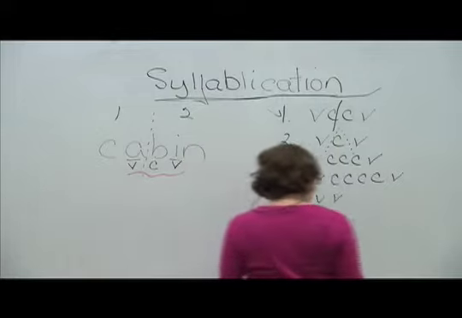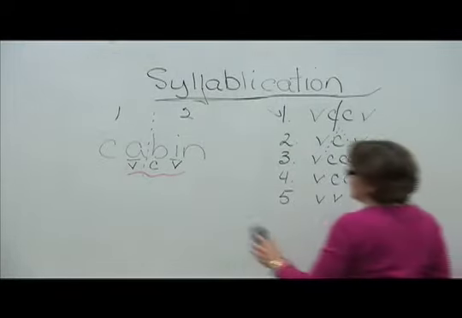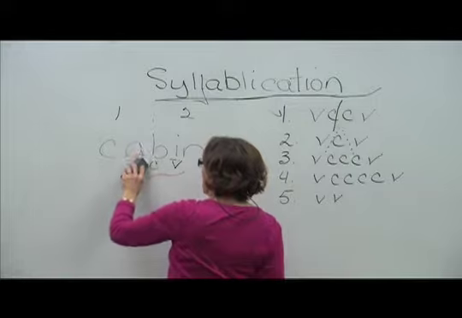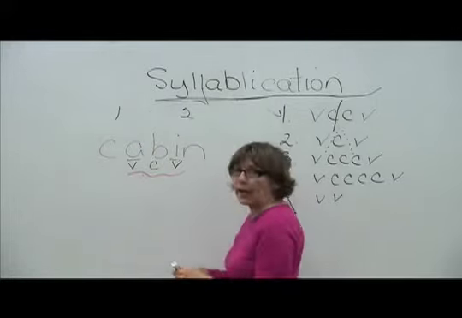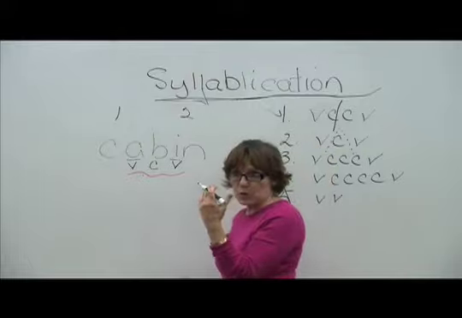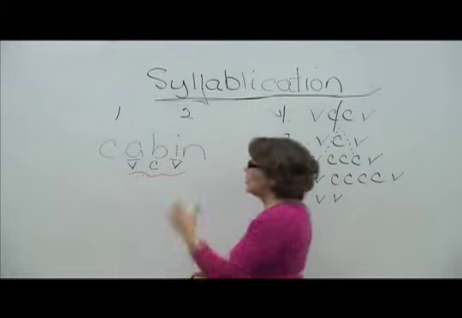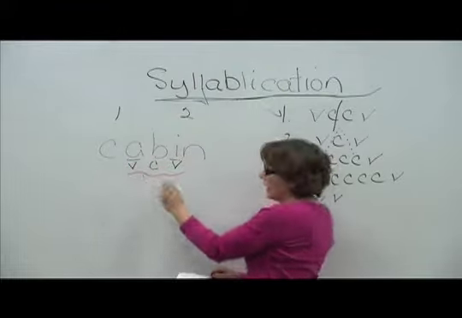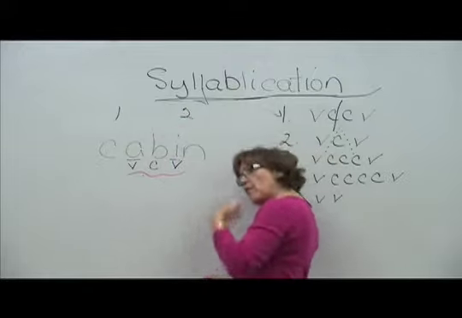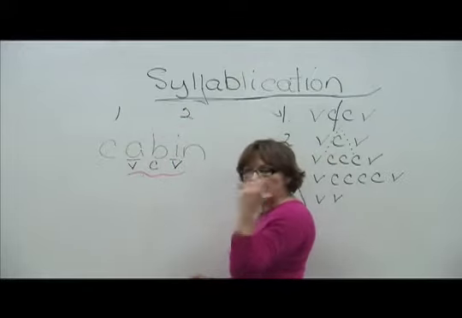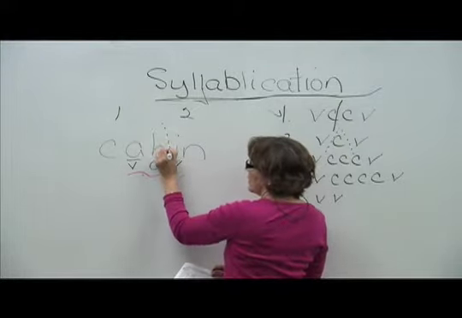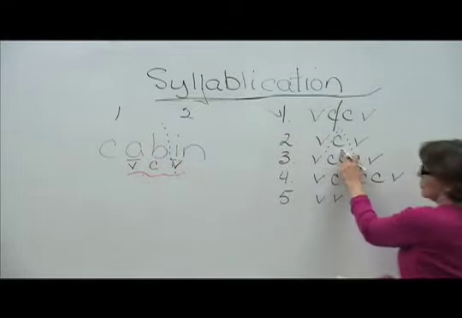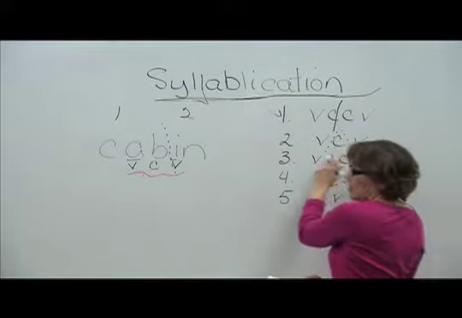So I'm going to get rid of this dotted line, and I'm going to try the second way. And a lot of times in our language, you have to do that. We do it visually. When I start to work with adults, we do it paper pencil and even color coding it. Once that gets embedded, you simply do it visually, or it's brain-based. So let's take a look at the second way that you can divide, the second type of the pattern.